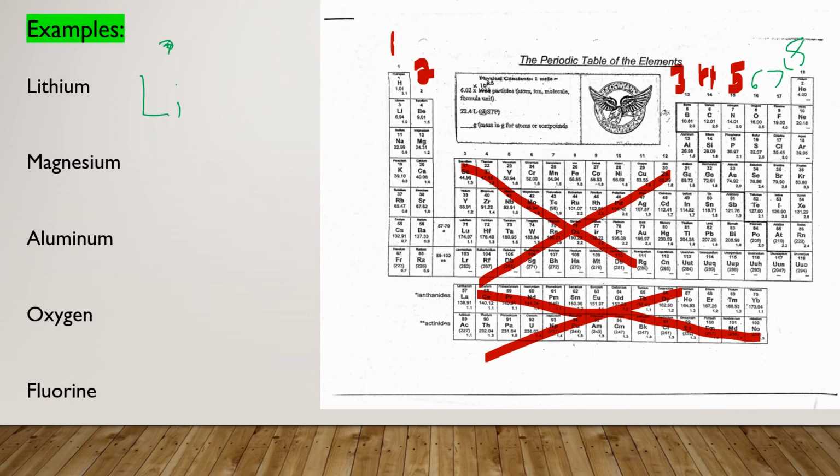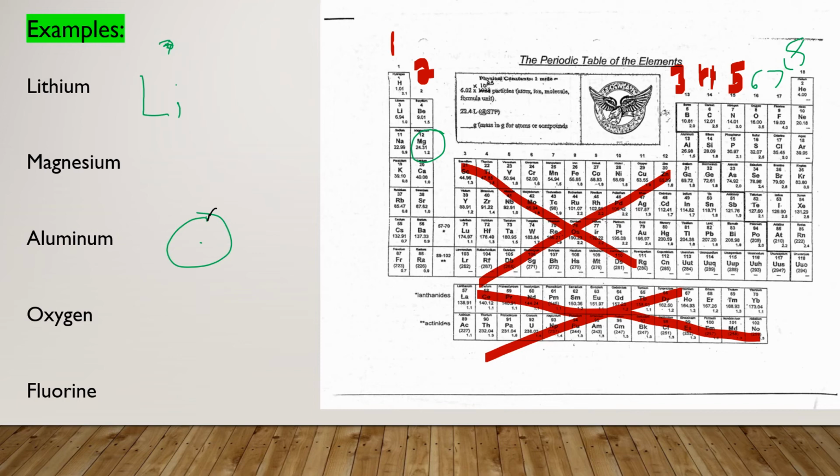All right, so let's look at magnesium. Magnesium's right here. It has 12 electrons. So we would put 1 here, 1 here. That's 2.